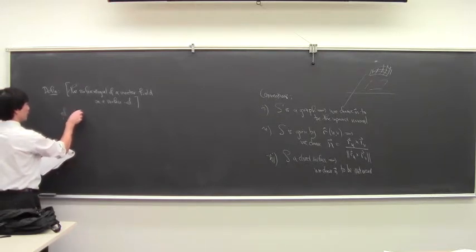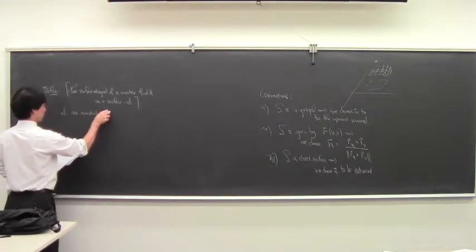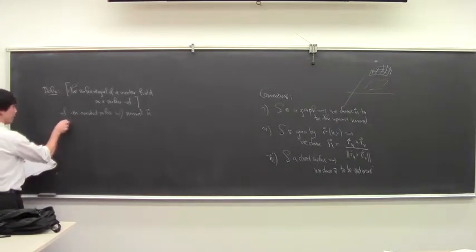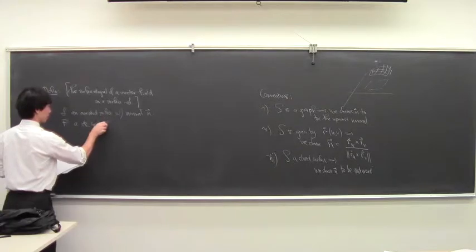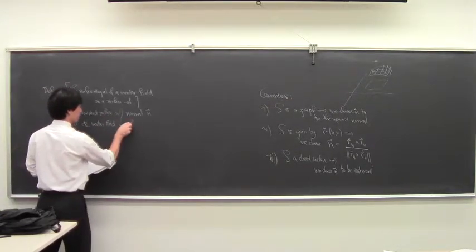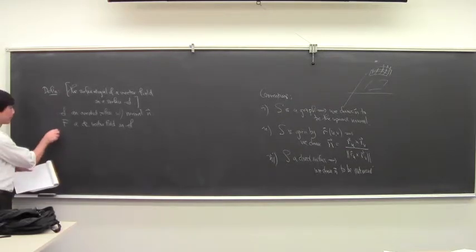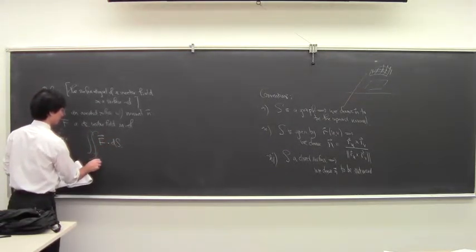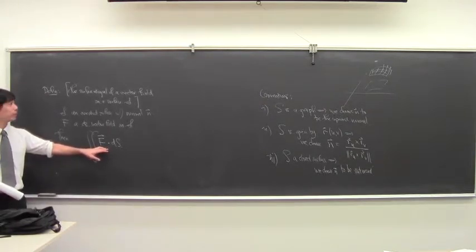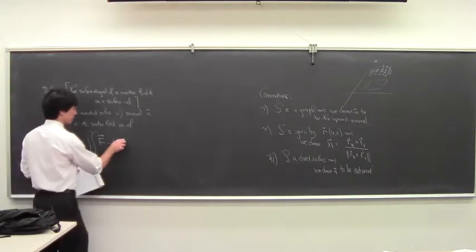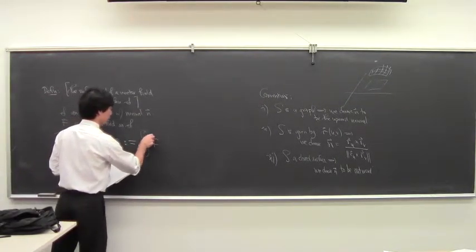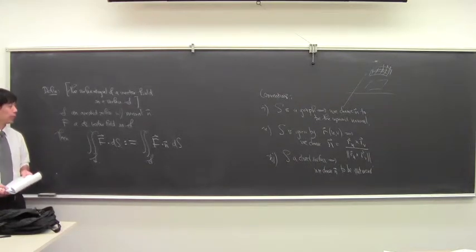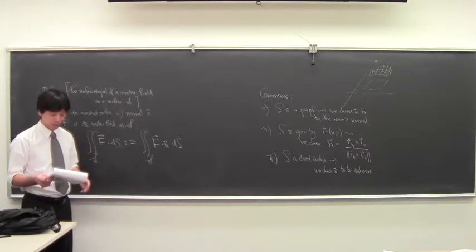So you have S, an oriented surface with normal n, and F, a continuous vector field on S. Then we define the integral of the vector field on the surface as the integral of the function you get by taking the dot product of F against the unit normal.